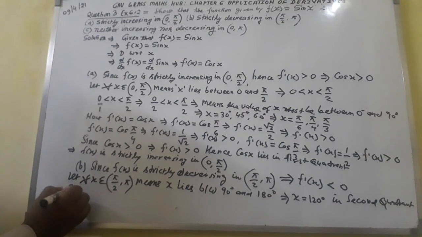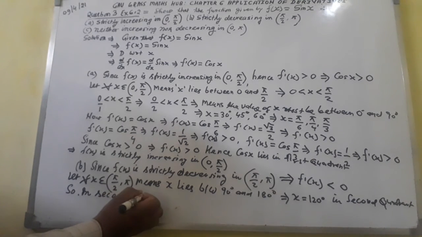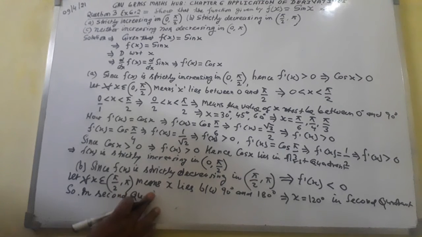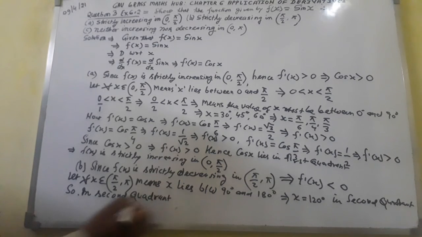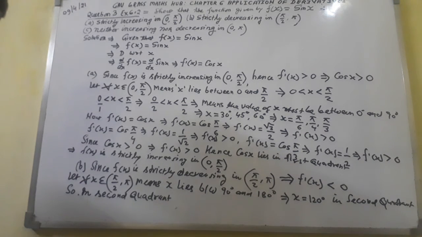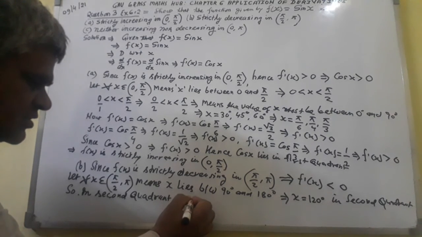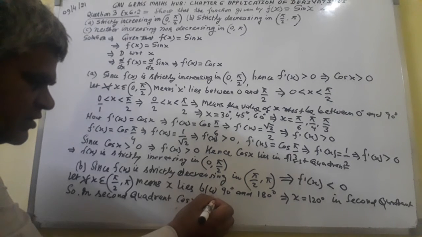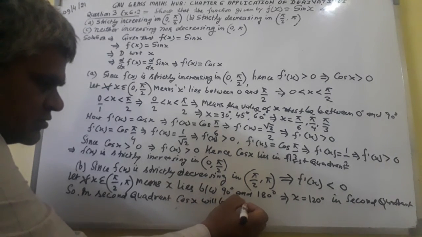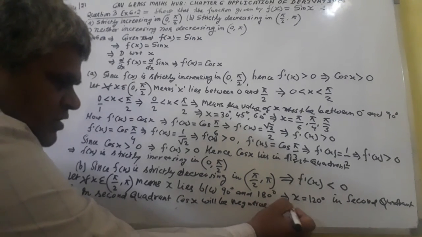So in second quadrant, cos x will be negative, comes out to be equal to minus cos x.